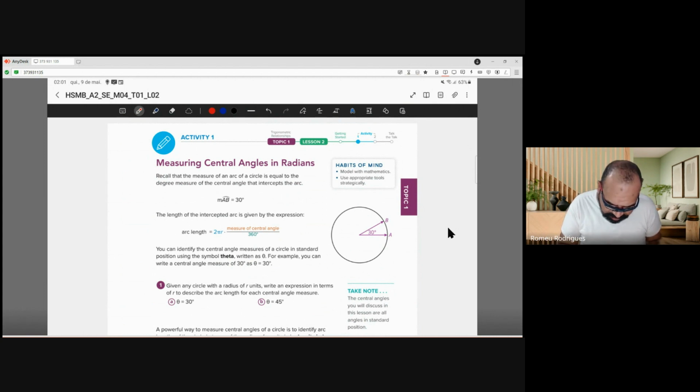Here's the formula: 2 times pi times radius, and we make this thing here. Be sure to measure that angle, divide by 360. Exactly the thing I did before.